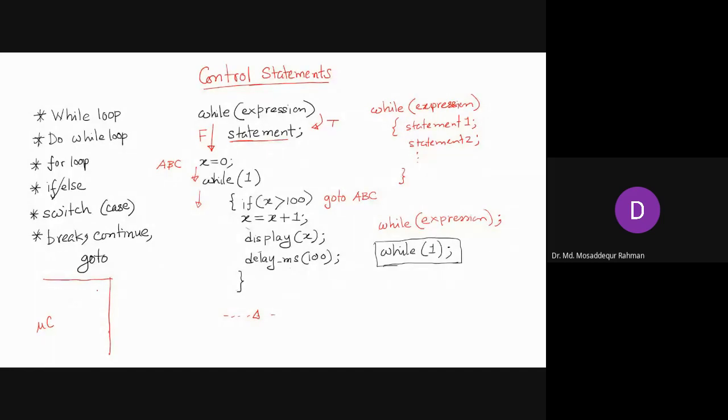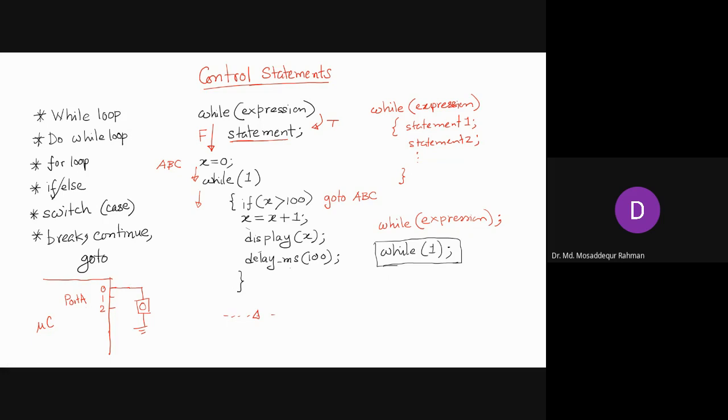Let's say we have 4 different ports, and we are using port A. In port A, there are a number of pins: 0, 1, 2, right? Suppose at port A pin 0, a sensor is connected. And we're waiting for some signal from the sensor to take some action by the microcontroller.